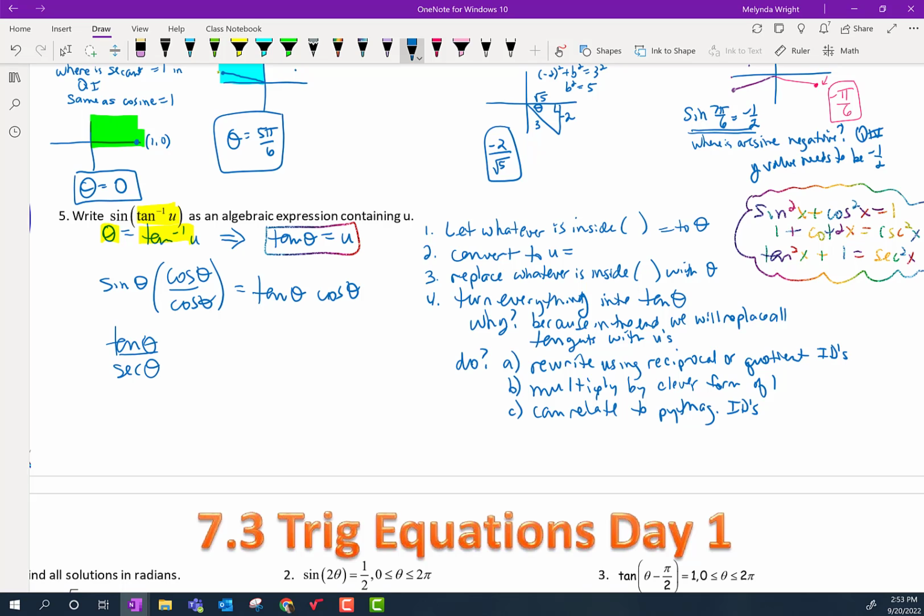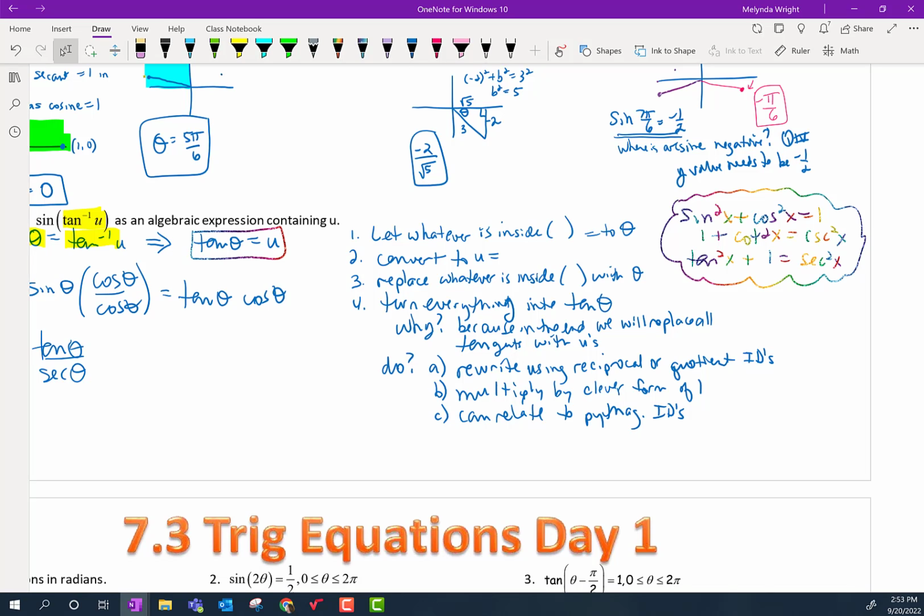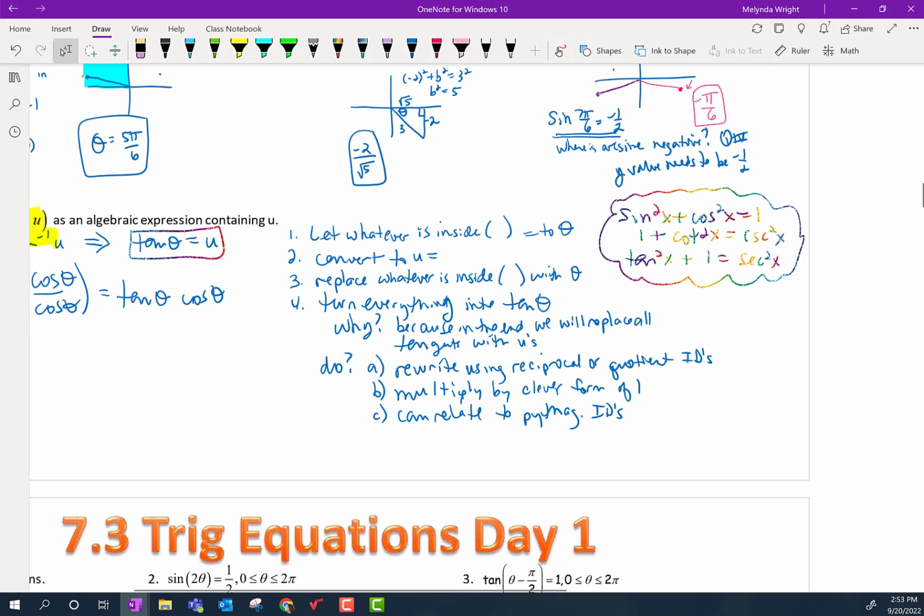So my numerator is great. That's going to turn into a u. I am very happy about that. My denominator is not quite ready. So what I want to do is go over here to these Pythags and show you what you would do when you see that it's related. I want to replace secant with tangent squared. Look at how this is written.